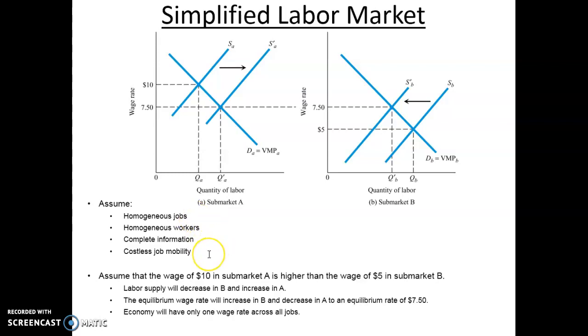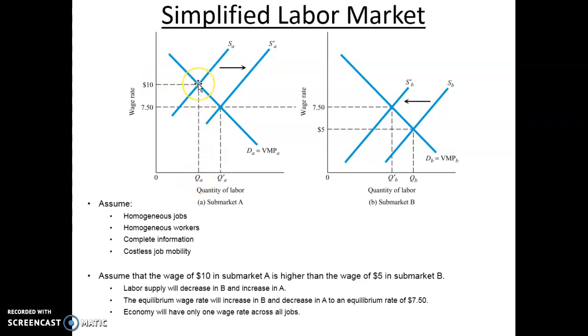Now, clearly these are unrealistic, but this simplified labor market will provide a benchmark for understanding the way the real world works. Let's take a look at these two markets here, say submarket A and submarket B. Initially, we're going to be at the intersection of supply and demand in submarket A, and wages are going to be $10 an hour.